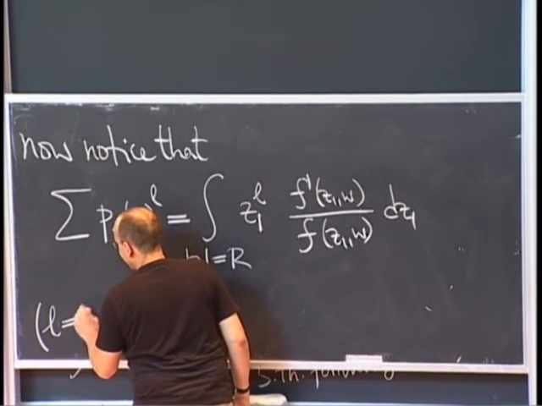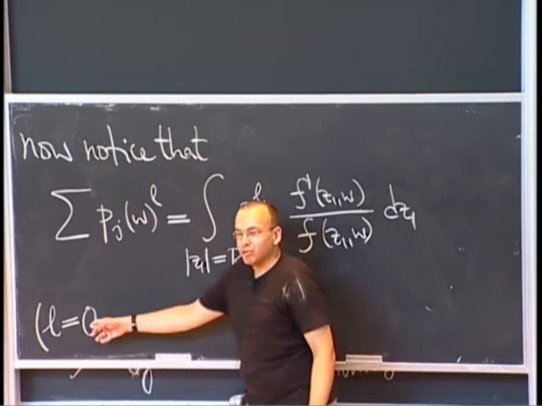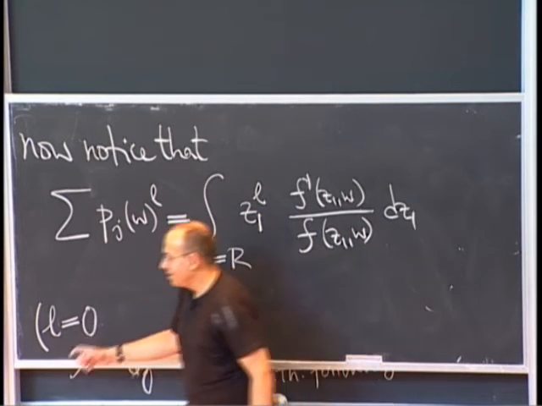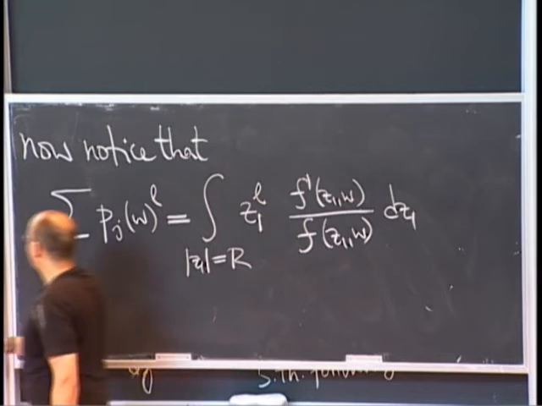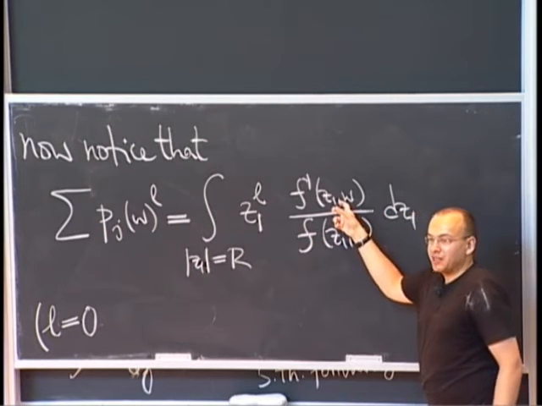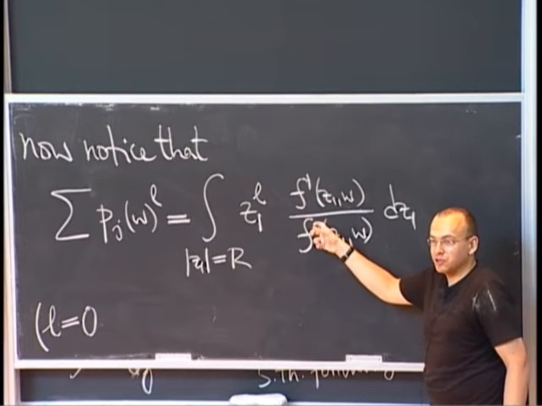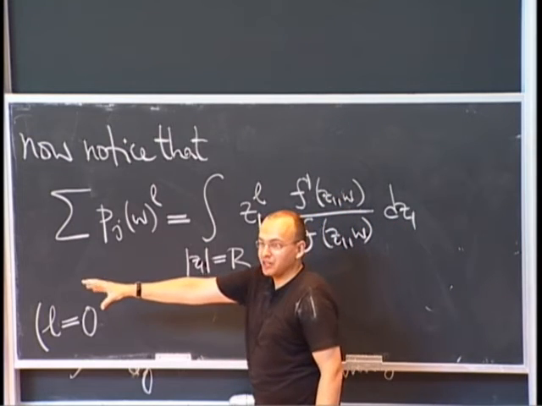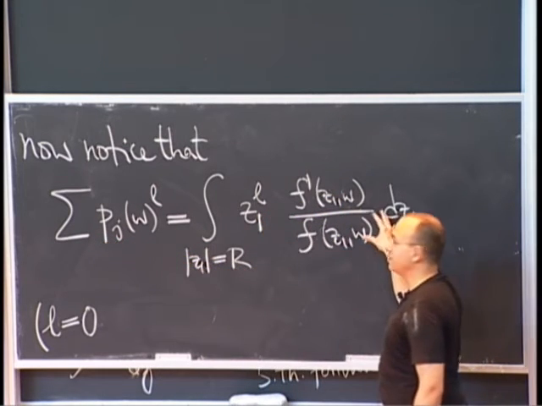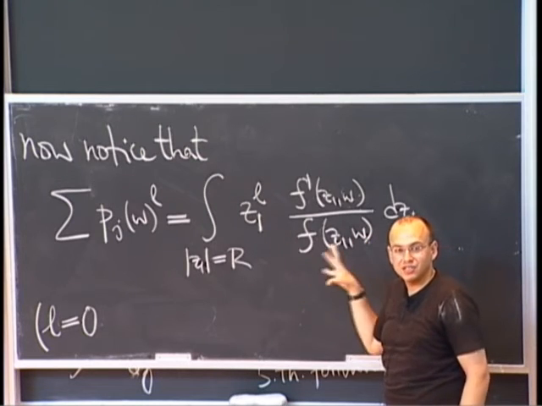So in particular, if you take L equal to 0 formally, then the sum just counts the number of zeros of that holomorphic function in the slice associated with W. So you express it as a boundary integral, and F is holomorphic by assumption, so it's smooth. So the integrand depends smoothly on W. So you have an integer, which is the number of zeros, depending continuously on a parameter, which is W, meaning that the integer has to be constant, so the number of zeros is the same.